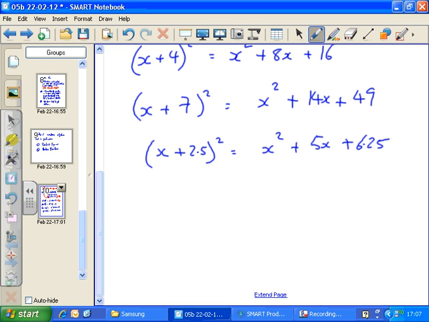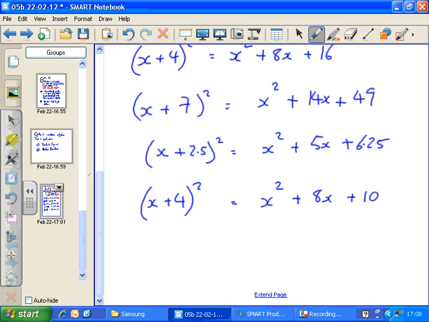Now, can I make this a perfect square? Yeah. What would I put in here? 4.